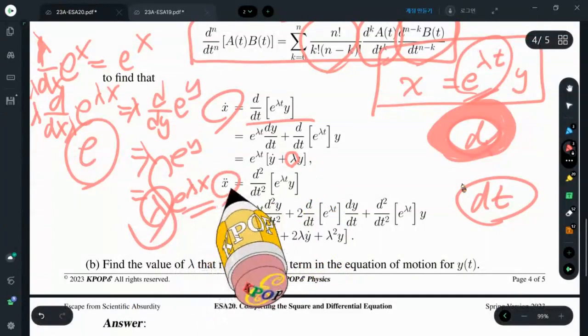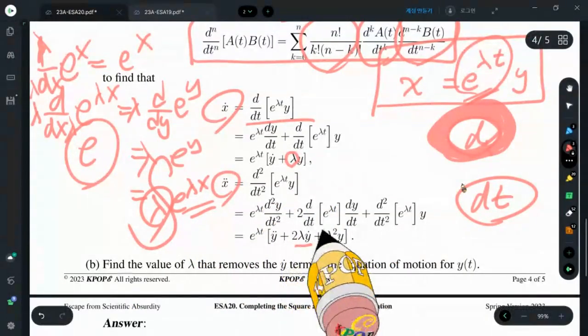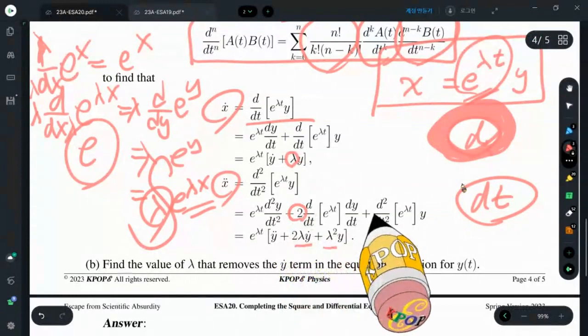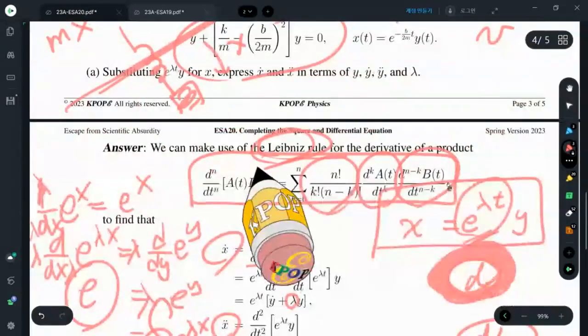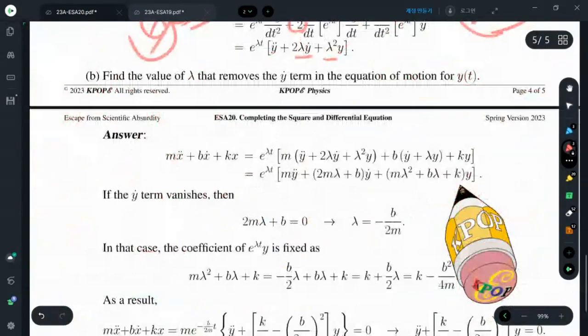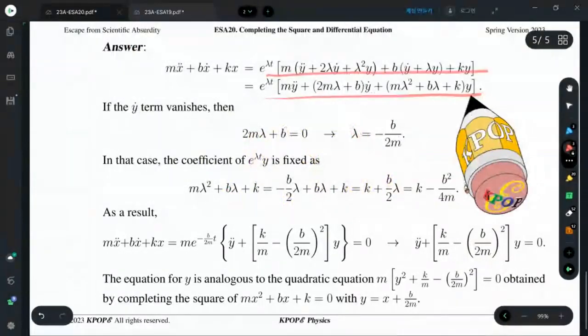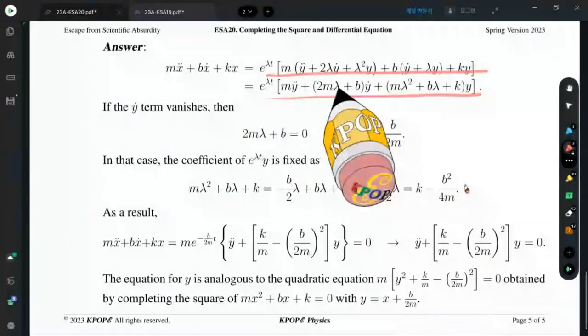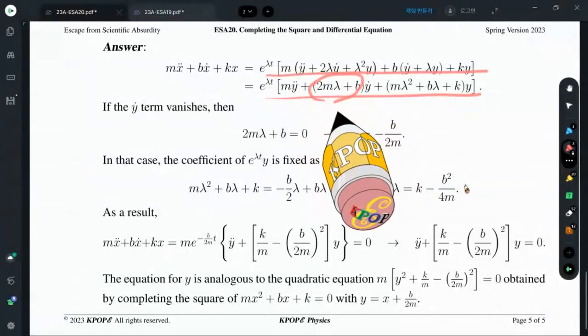If you take the second order derivative, you will get additional pieces. These 2 and 1 originate from the binomial coefficients. Who found it? Leibniz. Substitute them and reorganize the computation. Then a tedious calculation will give you a constraint.